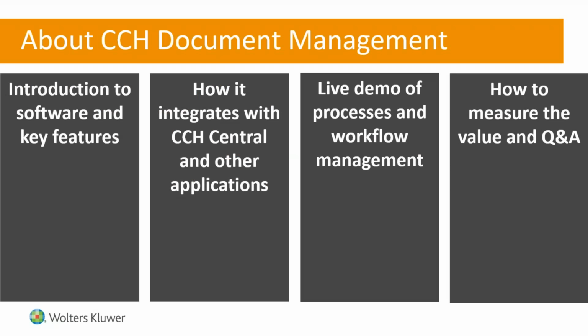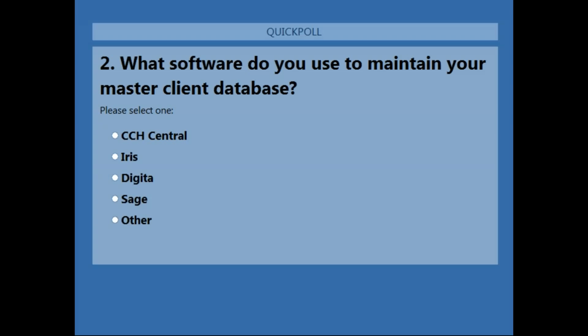Okay, and straight on to question number 2. What software do you use to maintain your master client database? CCH Central, Iris, Digita, Sage, or other? And again, I'll give about 20 or so seconds just to collect all the votes in.